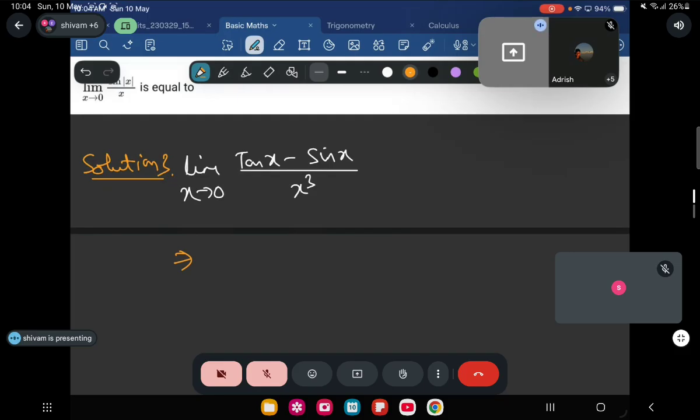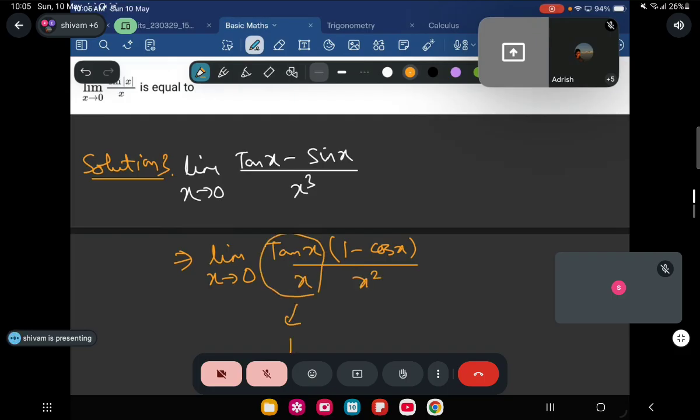What you can do is you can take tan x common. Tan x common, within brackets you will get 1 minus cos x upon x cube, right? This tan x by x will become 1. 1 minus cos x by x square will become half. 1 into half is half. Done.